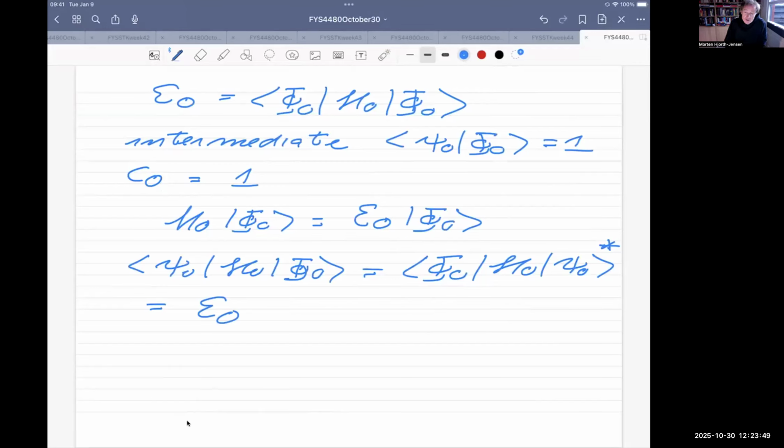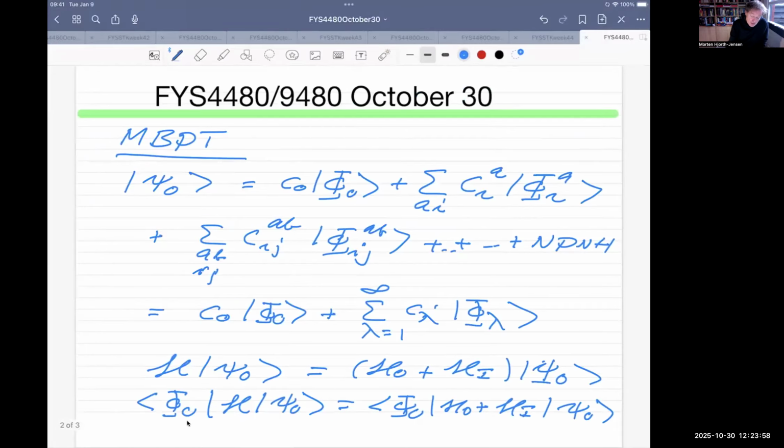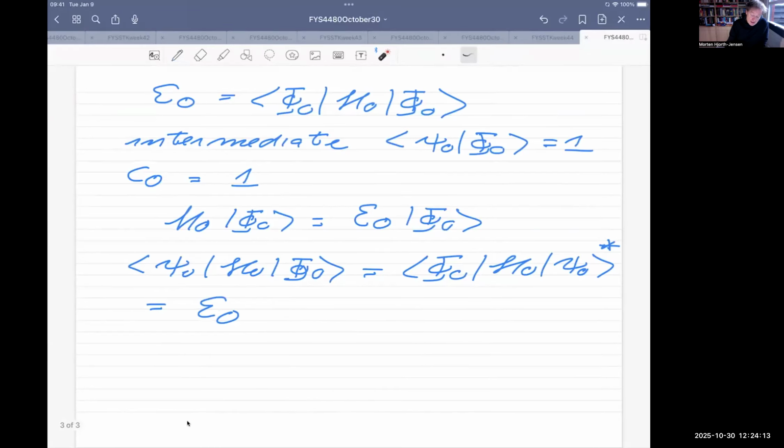One of the reasons is that if we look back at the equation which we had, let me just quickly go back to this page, because on my previous page, what I did was simply to write this phi 0, which will be multiplied from the left here. Then I have phi 0, H0, and psi 0. And due to the fact that we are using this intermediate normalization, this term can simply be rewritten in terms of epsilon 0.